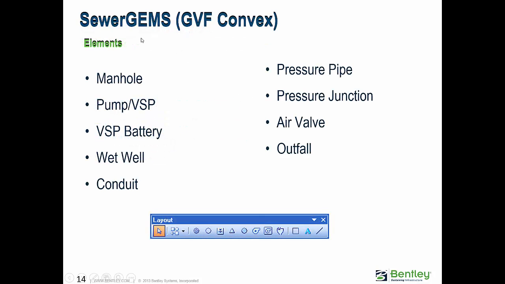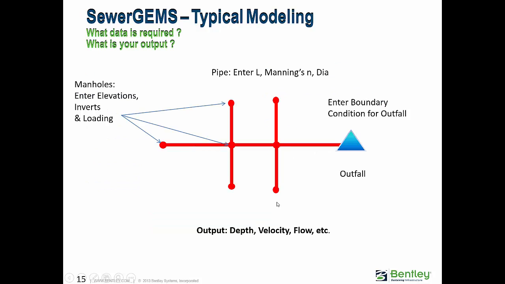The GVF convex engine will allow the modeler to use these elements. You can insert a manhole, pump, variable speed pump, battery, or wet well, conduit, outfall, pressure junction, pressure pipe. This is how we do a typical modeling. The data required is the ground elevations, the invert elevations, and the sanitary loading on each manhole.